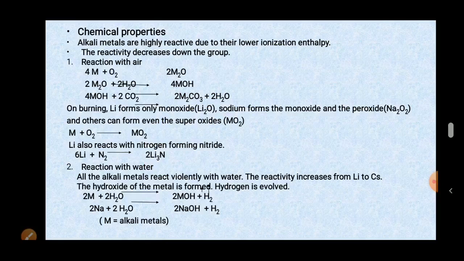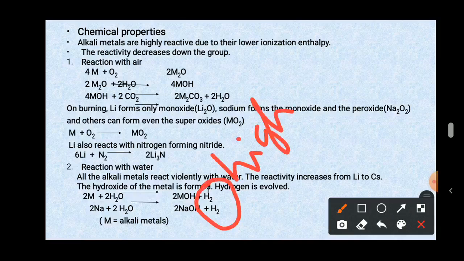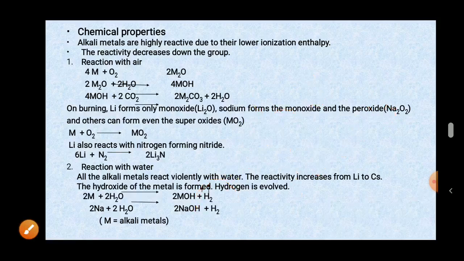Hydroxides are formed, and during that time hydrogen gas is released. A high amount of energy is also released while evolving hydrogen gas. This makes a sound, and because of this we say that it reacts violently with water.